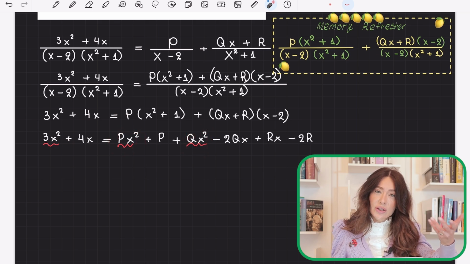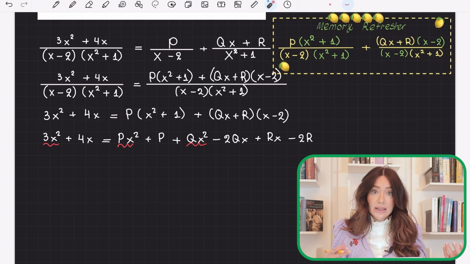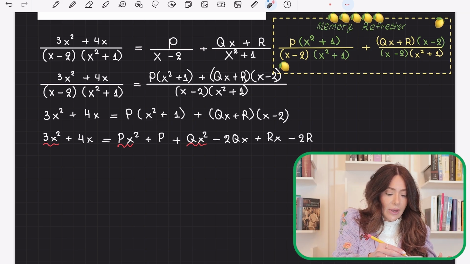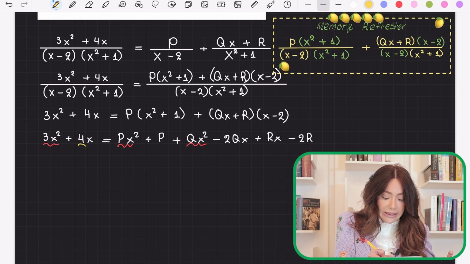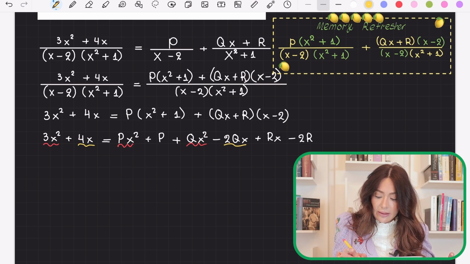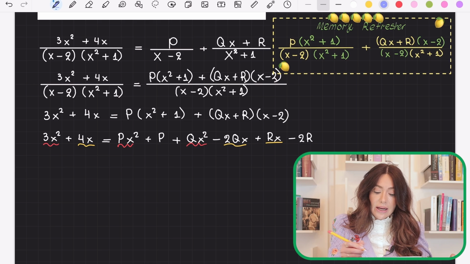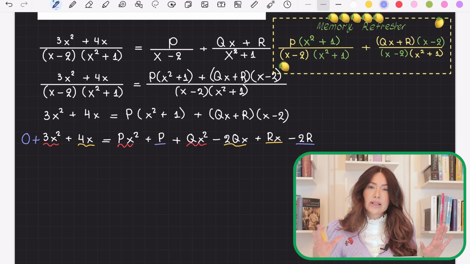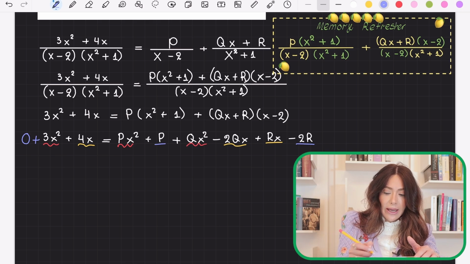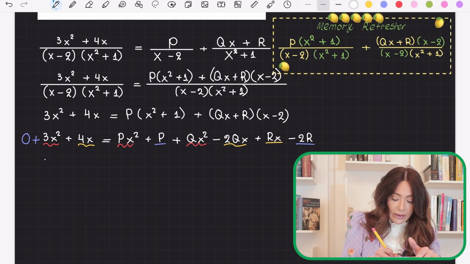So I can set x squared terms on the left side equal to the right side. And then I'm going to pick out linear x's. That's it. And then I also have constants, but on the left side, there is no constant, so that must be 0, okay? So this way, I can write down 3 equations.